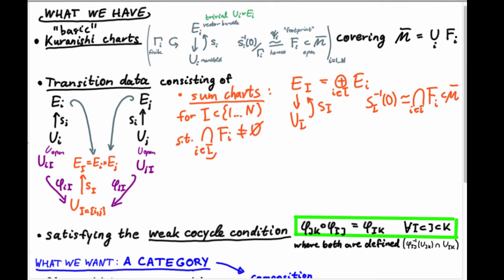So this you could also write as the footprint for the subset capital I. And there's this nice property that the sum chart actually has the sum of obstruction spaces. This is what in our first paper we called additive. It gives you some nice control.